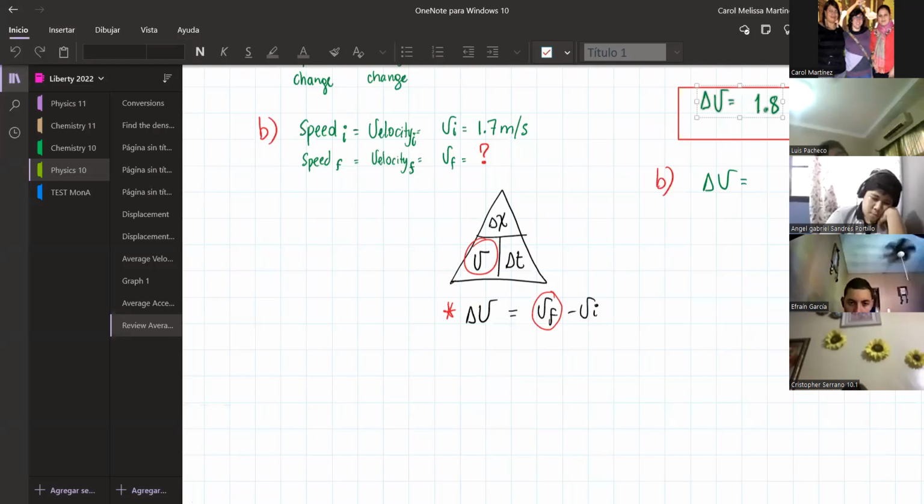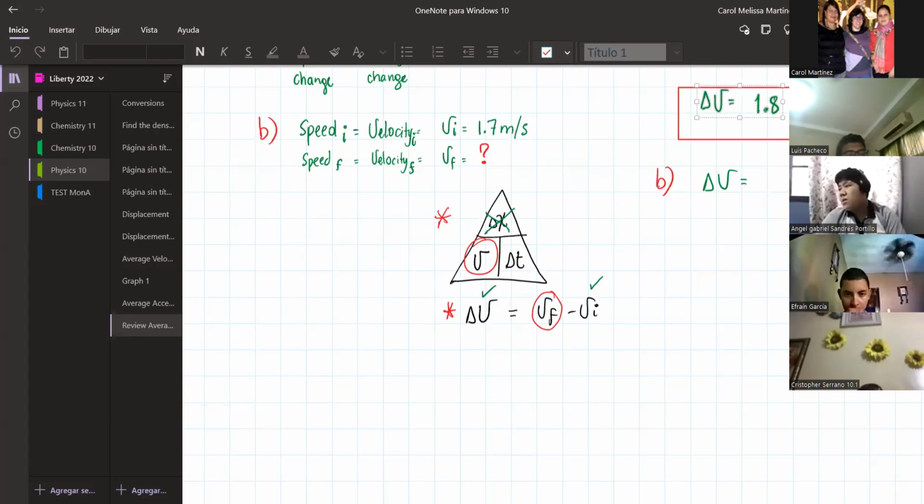I already have delta V. I already have the initial velocity. So I need to isolate VF. I cannot use this first triangle for one reason: I don't have delta X. That's why I cannot find it. So I have to look for another formula.